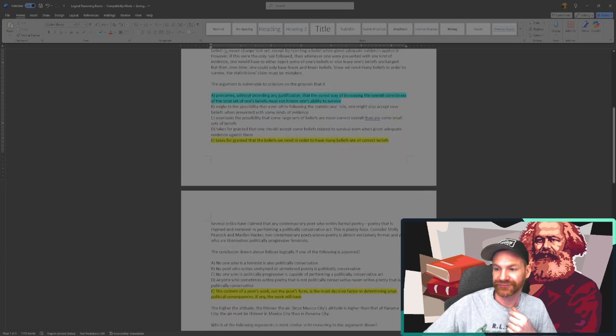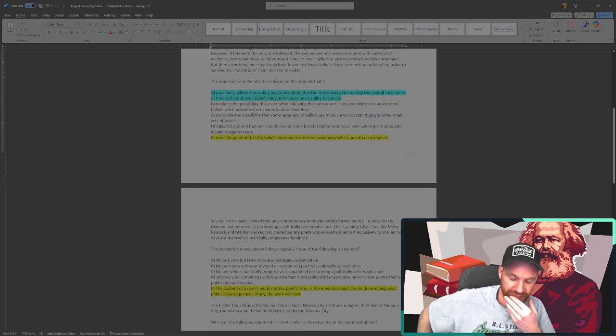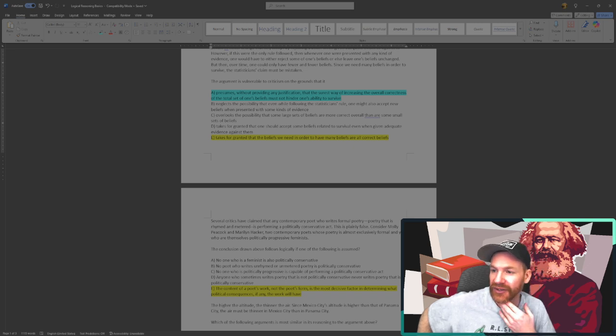Blue. The author is saying something isn't the surest way to increase correctness because it hinders one's ability to survive, and he's wrong for thinking that. So we were trying to deconstruct this argument, and I did that incorrectly.